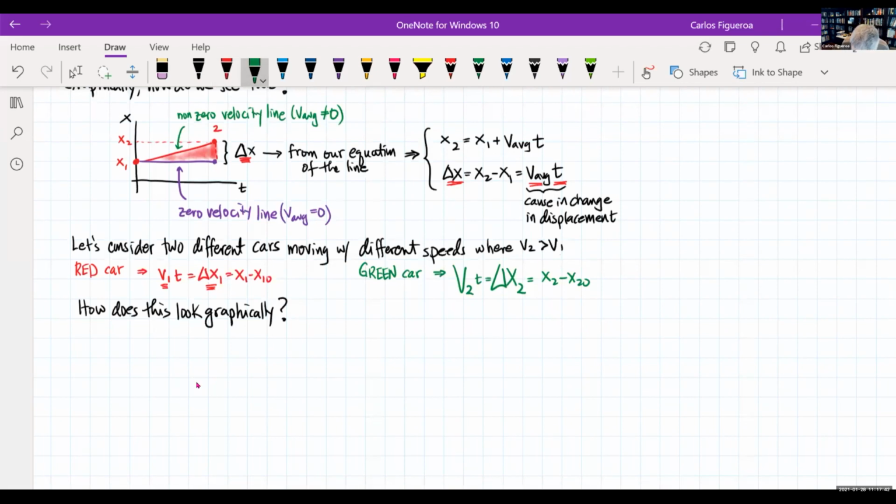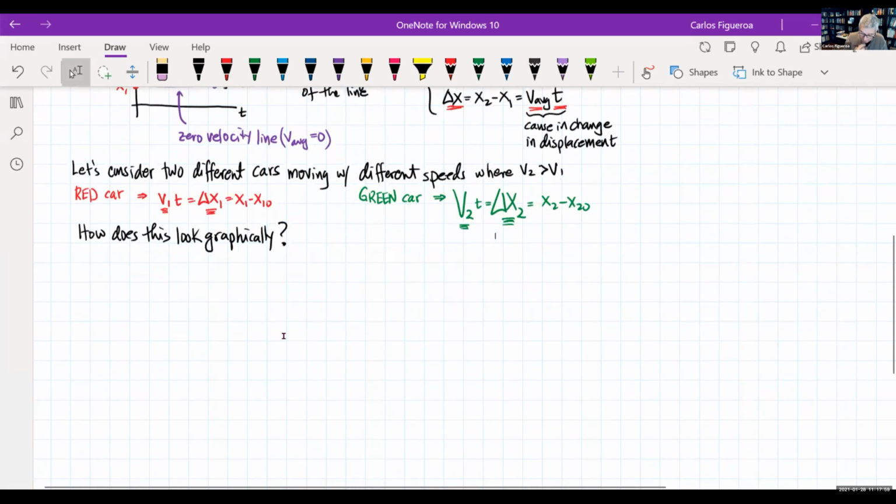However, the green car has a higher speed, and of course, if it has a higher speed, it's got to be doing what? It's got to have a bigger distance change. So the question is, how do I write that now? Okay, so the way I draw this thing here is that I'm going to come in here and I'm going to set up my curve.